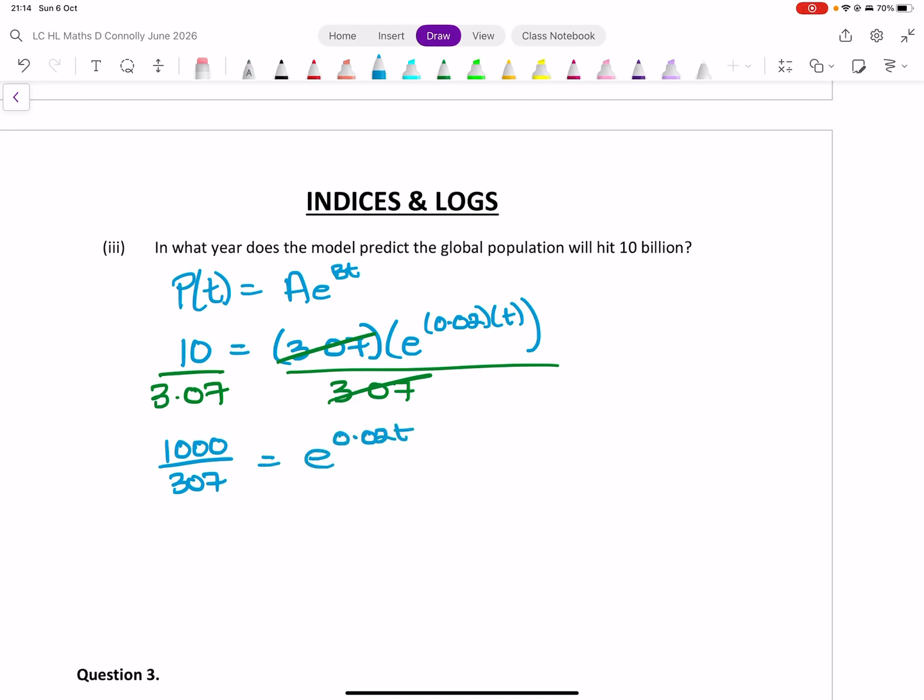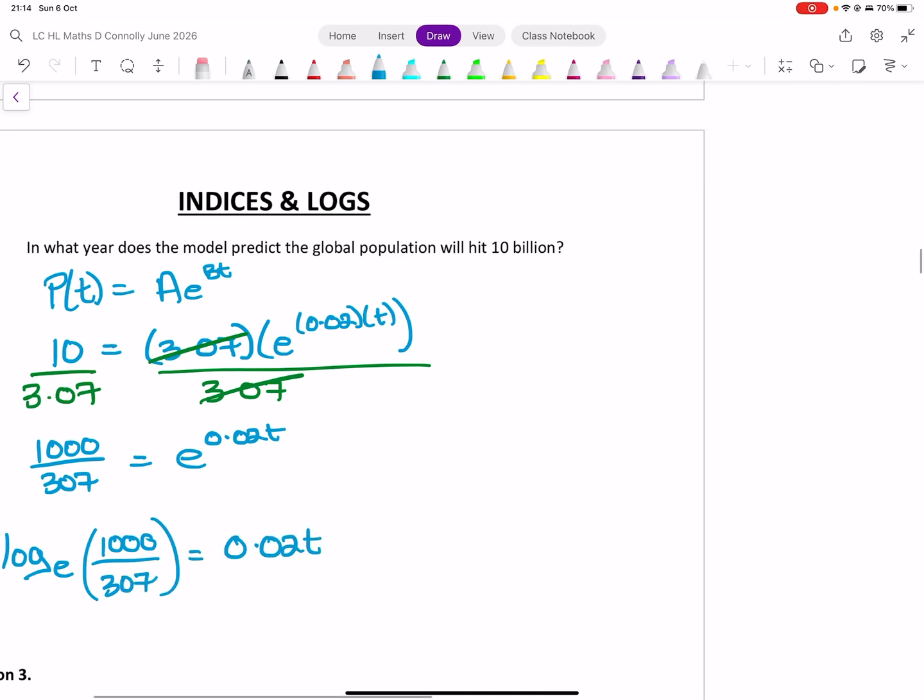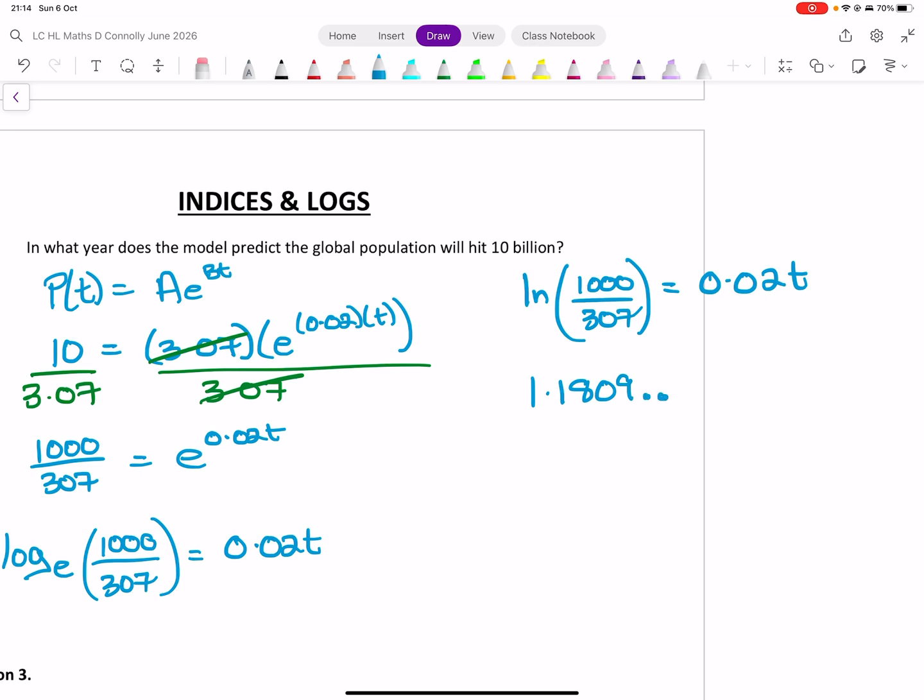The variable is in the power, so switch to logs. It's a natural log again. So we're going to do the ln of 1,000 over 307, and that equals 0.02t. So the ln is 1.1809, and again, there are more digits in my calculator.